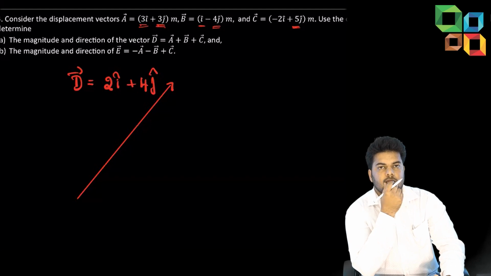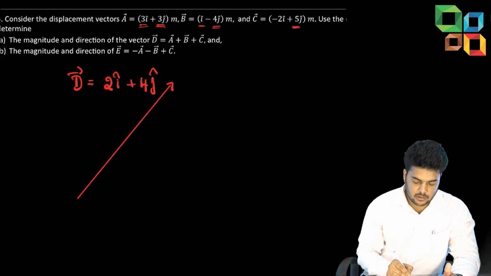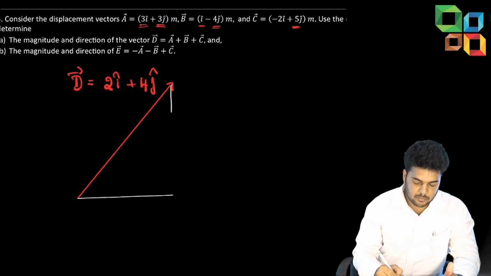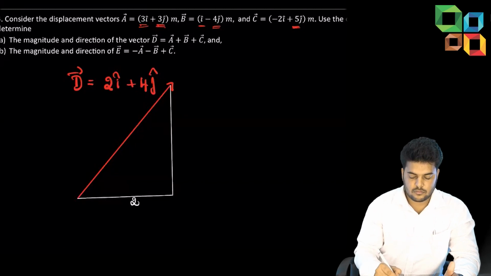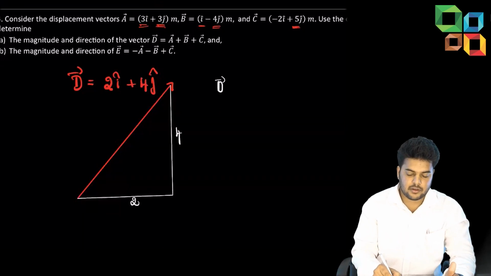So what about the magnitude? A magnitude we can find. Okay, magnitude is not a hard thing. So I know that this is 2 steps to the right and 4 steps up. Can you think of the magnitude now? Using Pythagoras theorem. Exactly. So the magnitude of d vector, the size of d vector, is the size of the hypotenuse of the 2, 4 triangle.